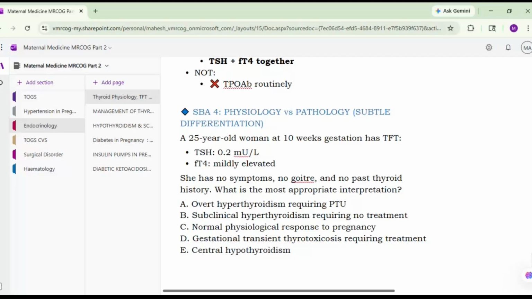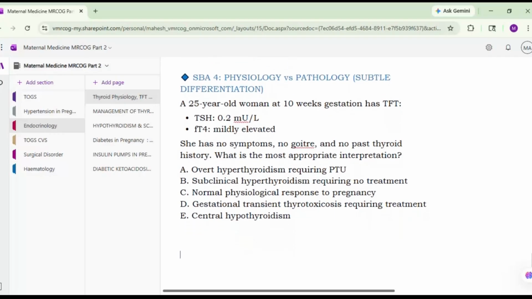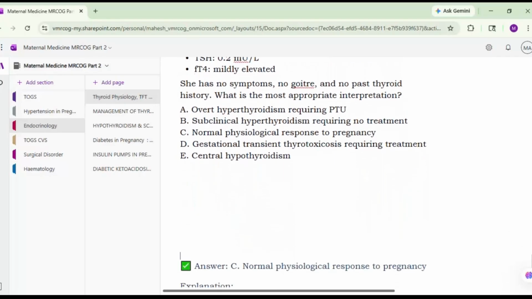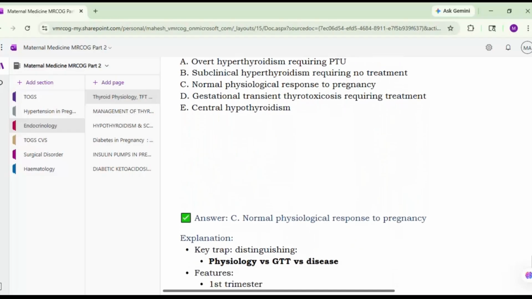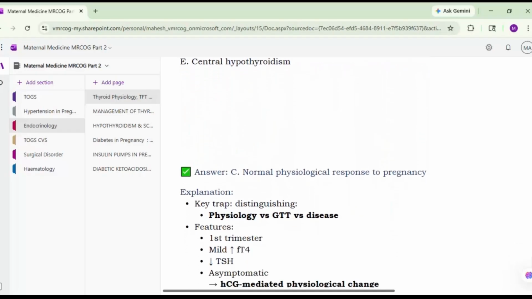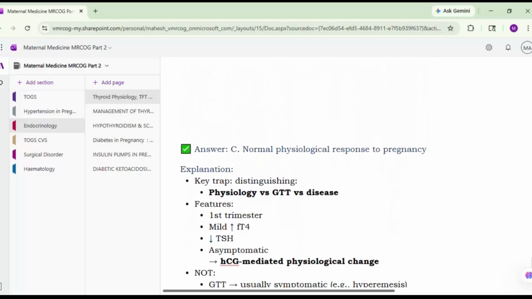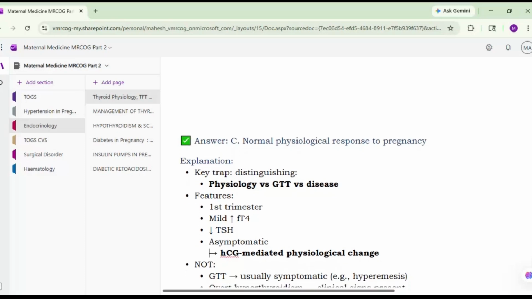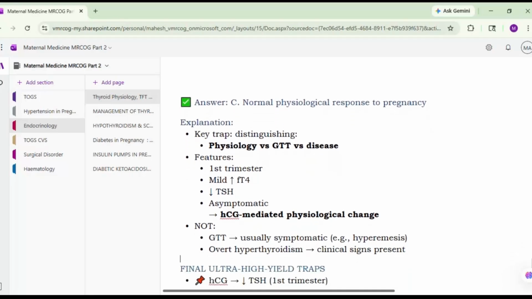TSH is slightly low, FT4 is mildly elevated. It can be a normal physiological response to pregnancy during the first trimester. Yes, it is a normal physiological response to pregnancy. This is physiology versus gestational transient thyrotoxicosis versus disease. It is seen in the first trimester: mild FT4 increase, TSH decrease, and the patient will be asymptomatic.